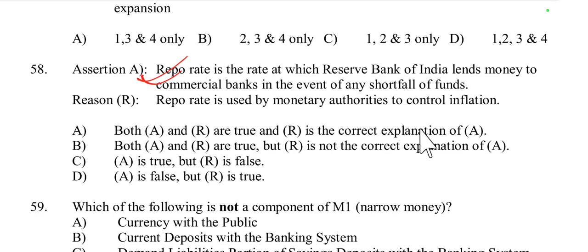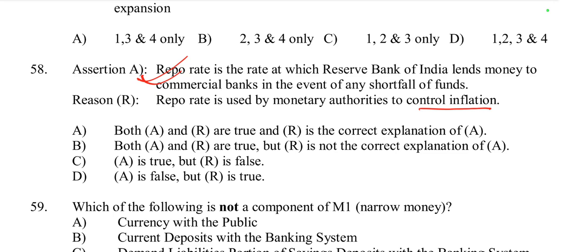Then reason is, repo rate is used by monetary authorities to control inflation. No, repo rate is used by the monetary authority to give money to the commercial banks at their requirement, at the time of emergency when they need money. It is not the main tool to control inflation. To control inflation, there are other measures taken by the central bank, like increasing CRR, SLR.